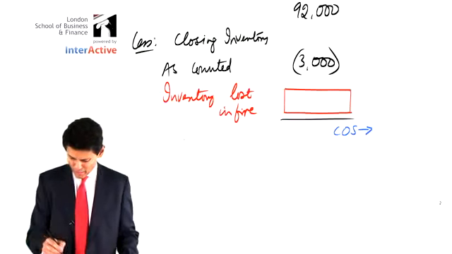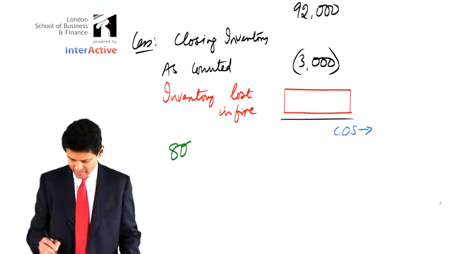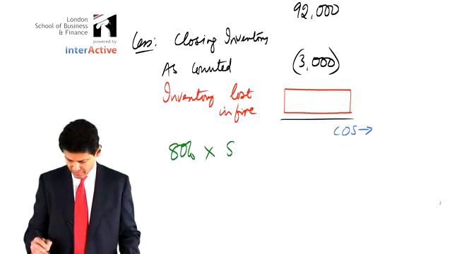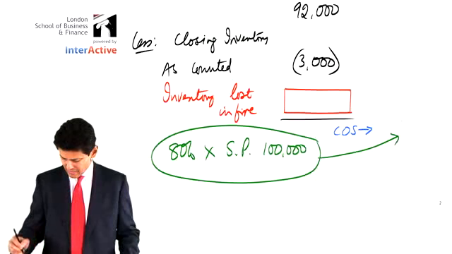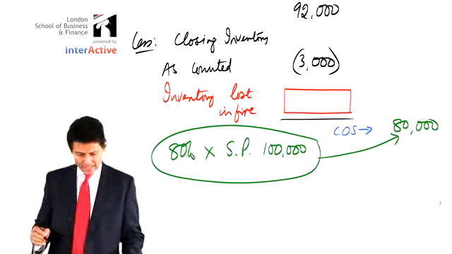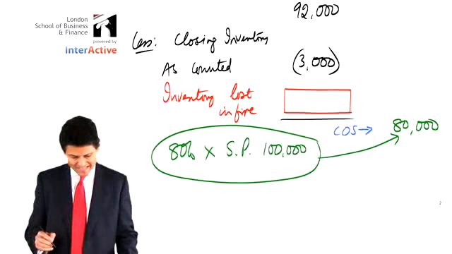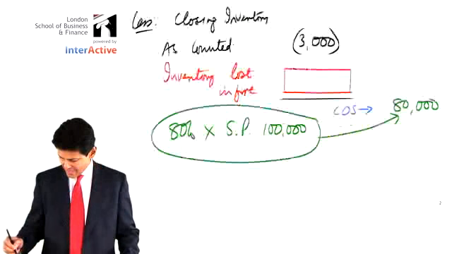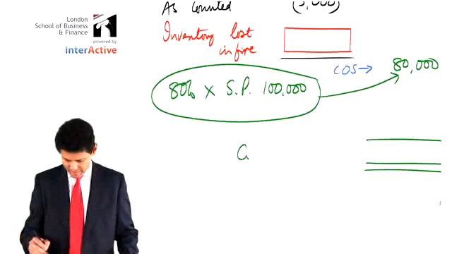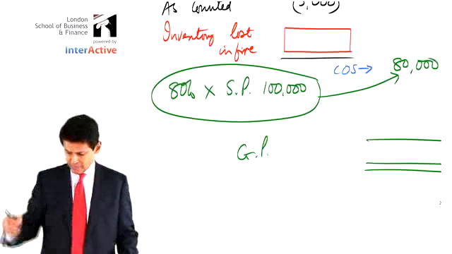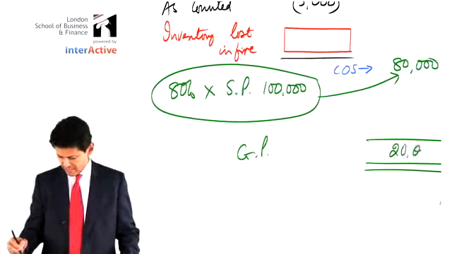So I suppose 80% of selling price of 100,000 has got to be 80,000. Needless to say, if you have 80 there and you have gross profit down here, 100 take away 80 is 20.